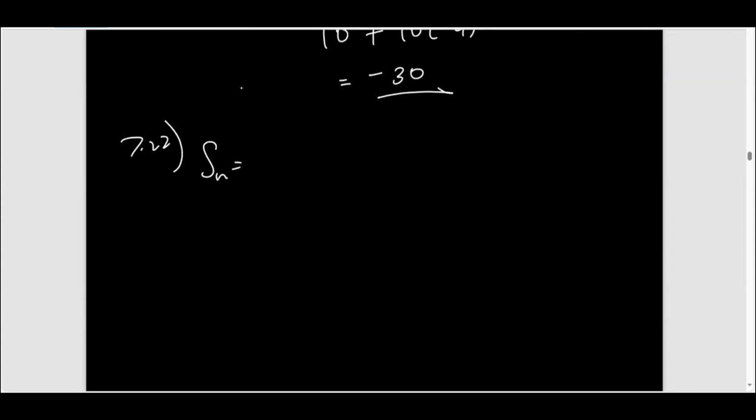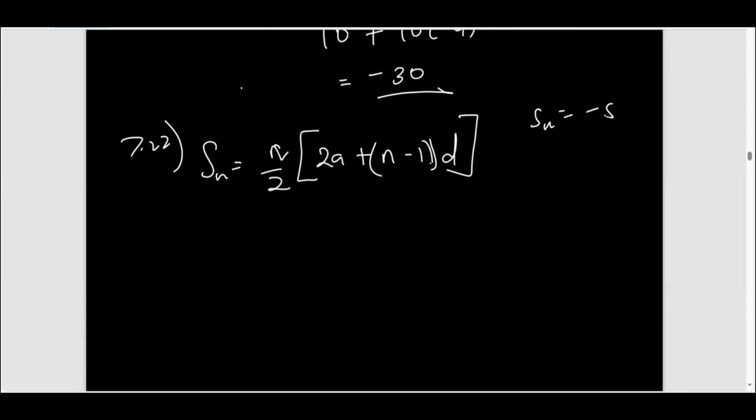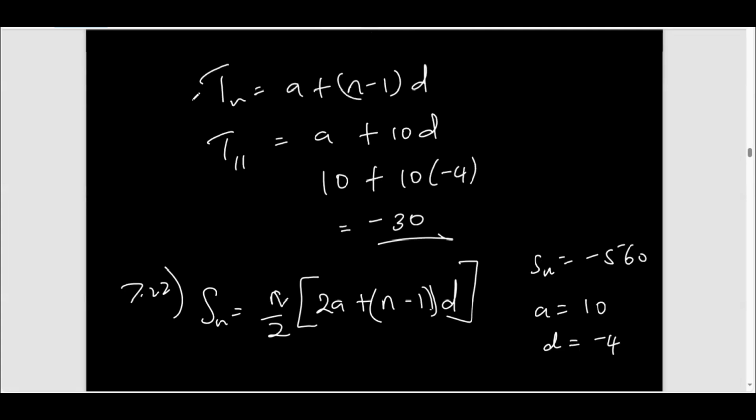That sum is given as n over 2 into twice A plus n minus 1 into D. Where there is Sn, we're going to use negative 560. We said our A is 10, our D is negative 4.